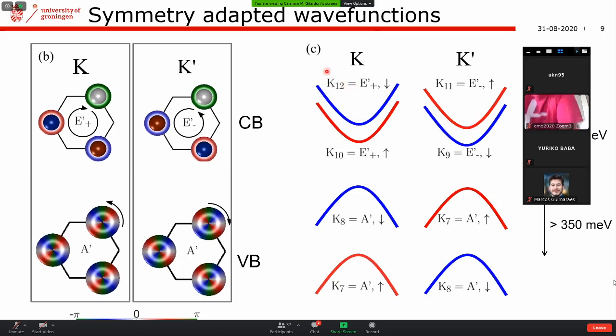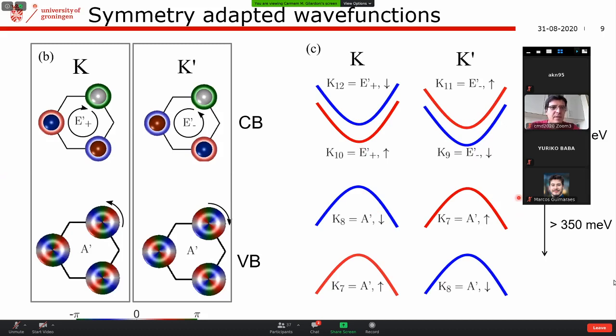And I classify these wave functions based on the irreducible representations that they transform according to, again. And these irreps are now given by the subscripted K. Now, what you can notice also is that there is a splitting between the two spin subbands, both in the conduction band and in the valence band.